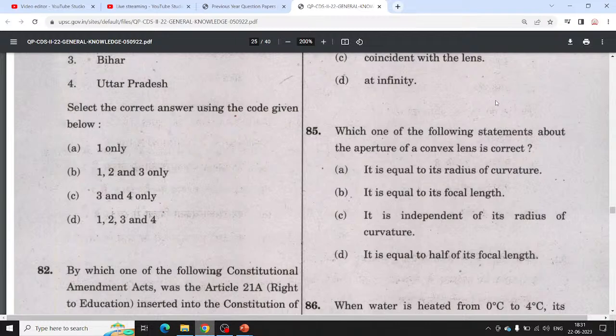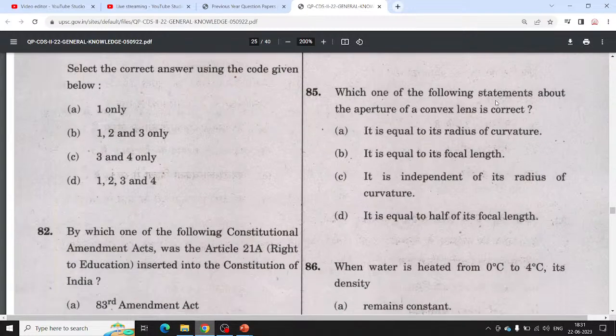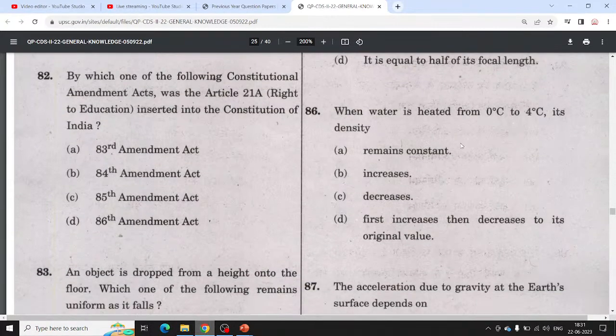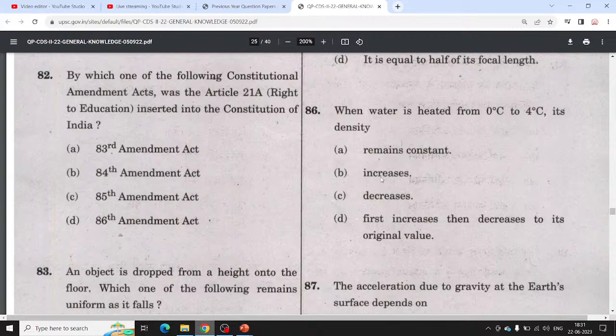Okay, now I didn't explain this thing in my class past 2 days. Why? Because if you don't understand the formulas, if you don't understand everything, you will never understand what is aperture and all. So when I take the problems, that time I'll explain what is aperture. And yesterday I told you I'll tell you about aperture later. Look at this. Water at 0 to 4 degrees Celsius, the density is the maximum, it increases.